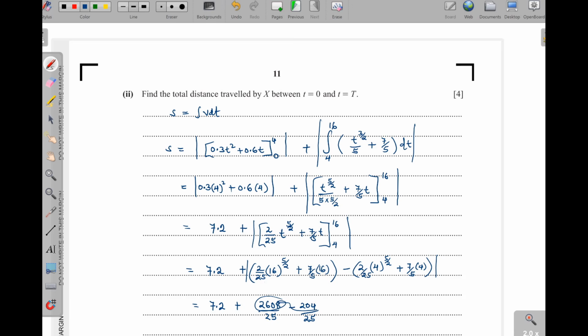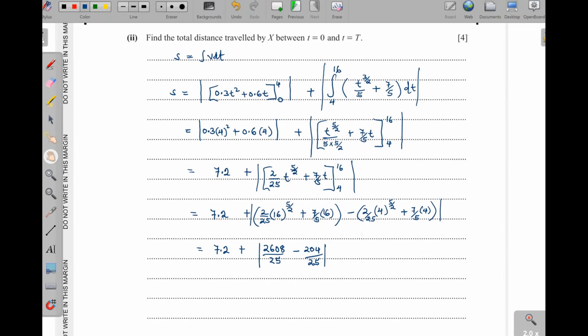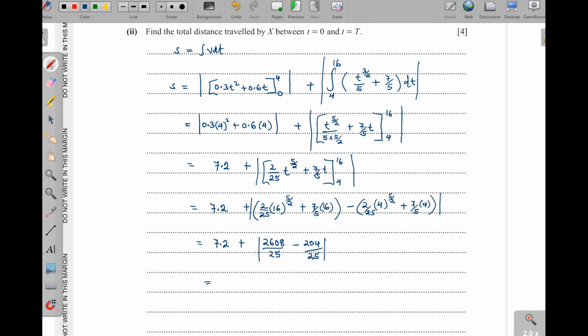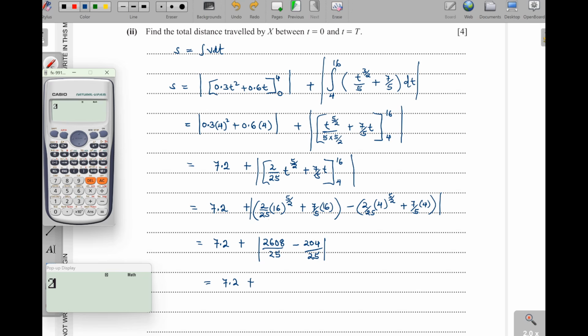Of course, this one is bigger than this, so it is going to give us a positive value. So we have 7.2, then plus 2608 minus 204. You get 2404, then divide by 25.